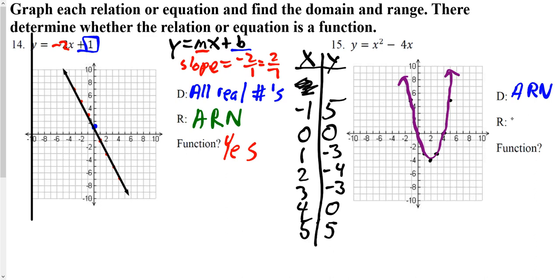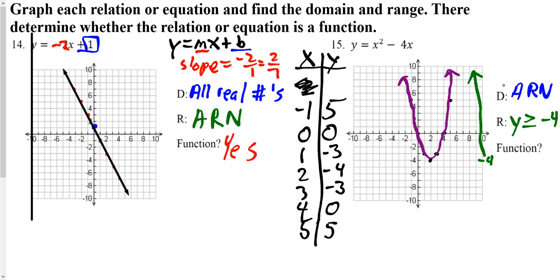And range deals with y. It starts at a height of -4 and then goes up. So your range would be y is greater than or equal to -4 because it starts at a height of -4 and then goes up. So all your y values are larger than that.